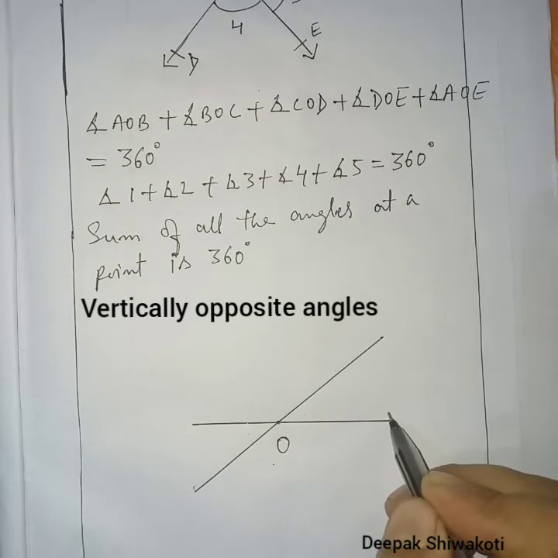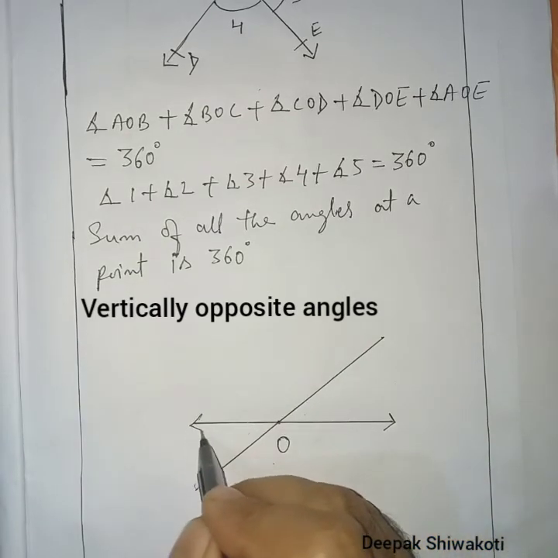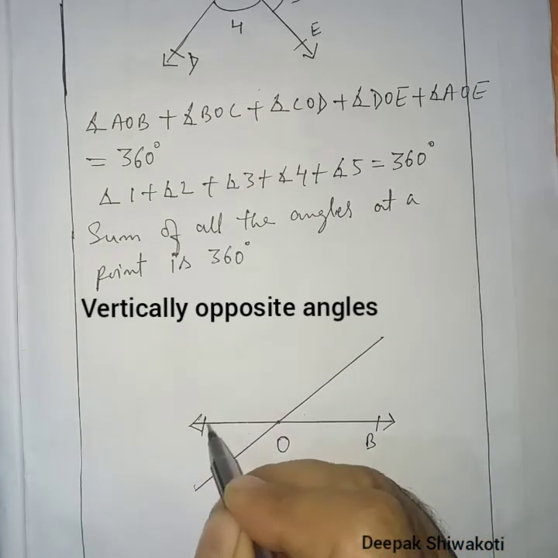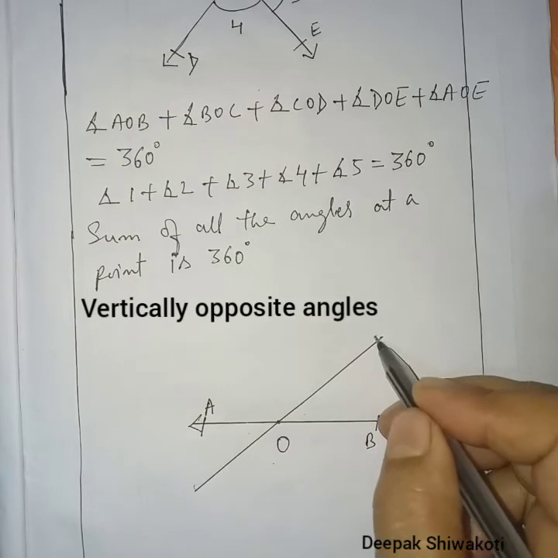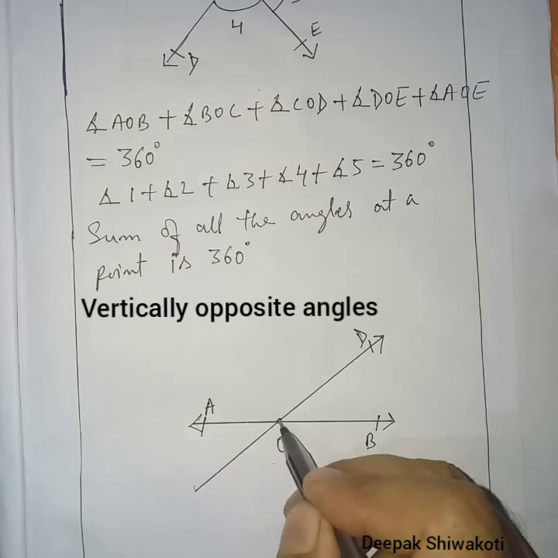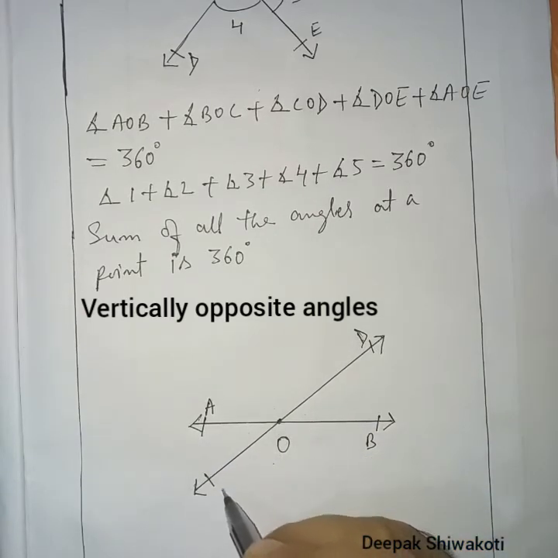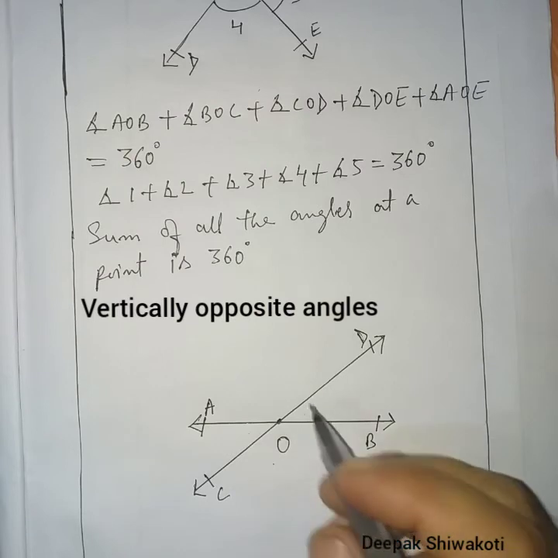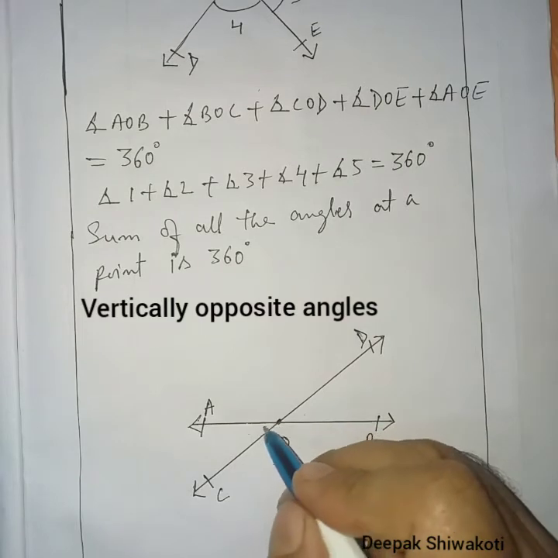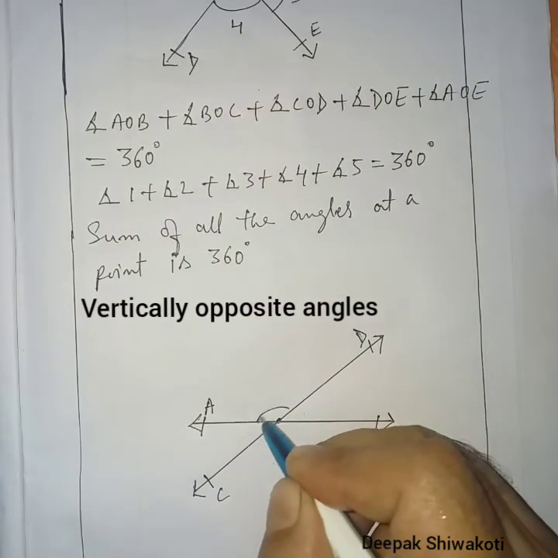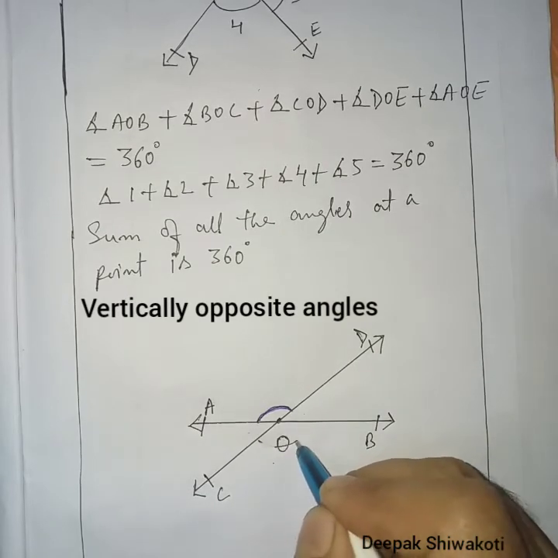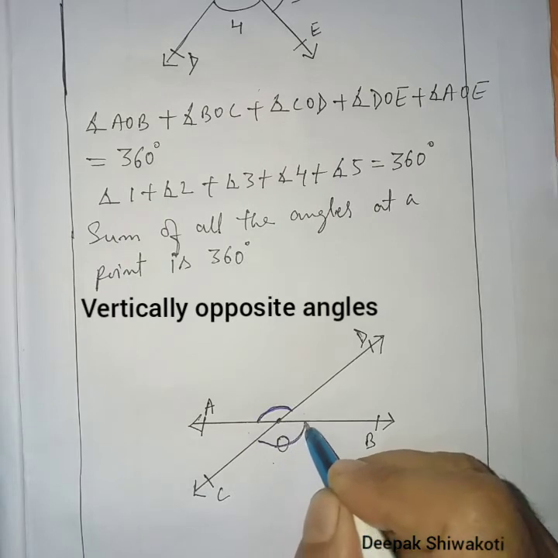This ray is suppose OB, this ray is suppose OA, this ray is suppose OD, and this ray is suppose OC. Now you can see here this angle AOD is just opposite to this angle, isn't it?